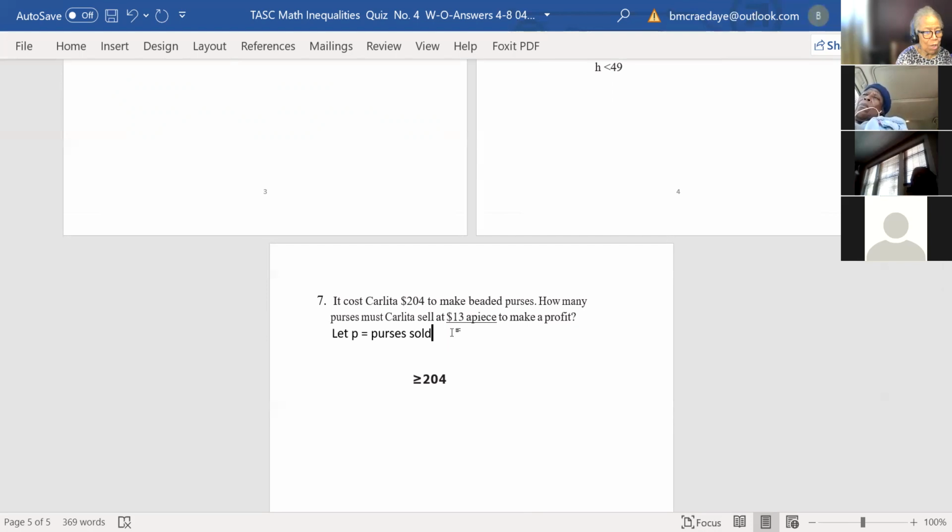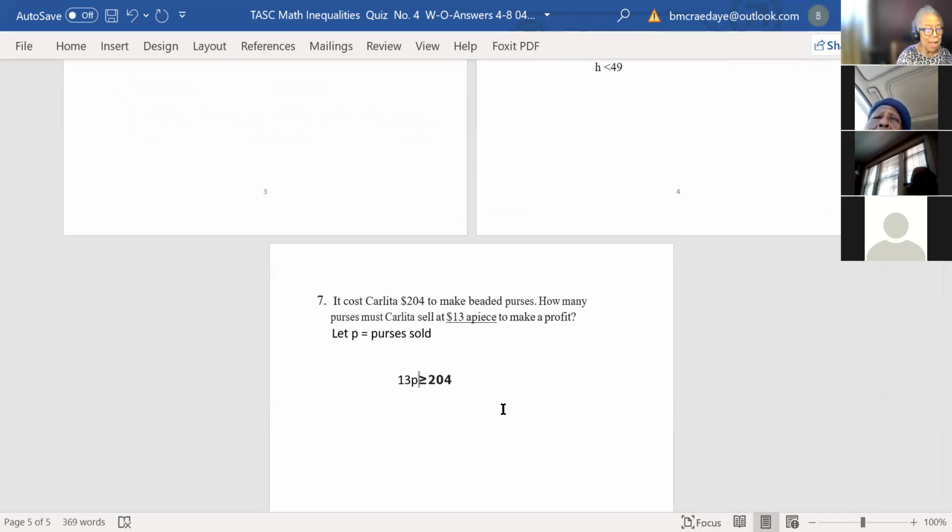That's right, dollars. What operation did you use? Multiplication. So do the same thing over here. 13 times what? 13 times P. Very good. Same thing you just did, multiplication, except your variable is P.